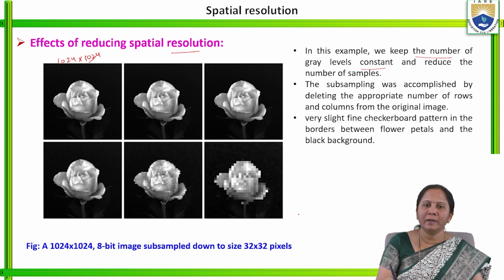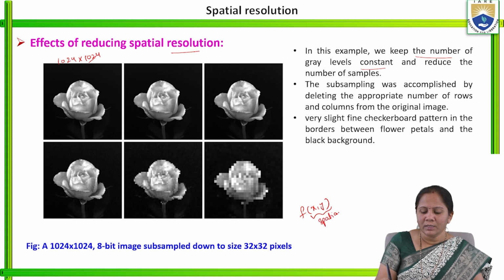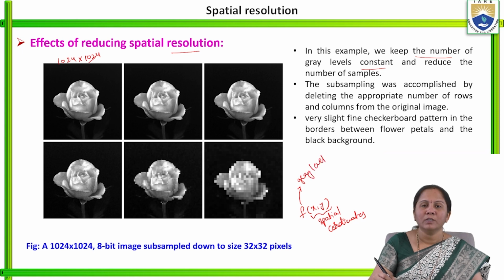Any two-dimensional image will be represented as f of x comma y. Here x and y are called the spatial coordinates, and the value of f is called the gray level, which can also be called the intensity level.